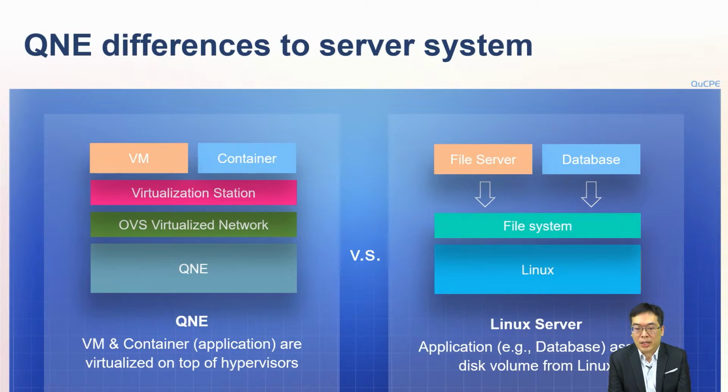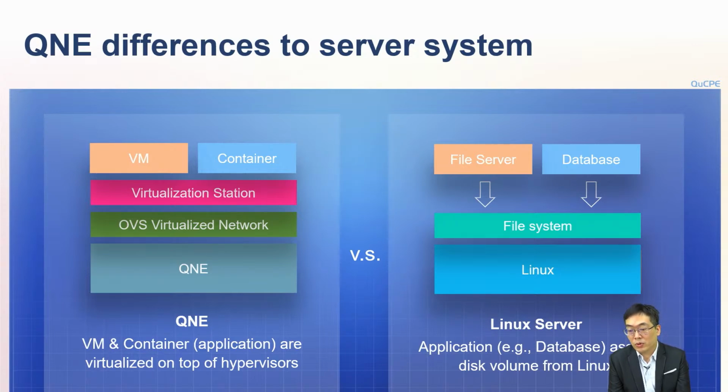As you can see here in QNE, the concept is that we're trying to run all the services, whether from a VM or from a container. It doesn't matter if it's from a third party or from our own QNAP-designed application. We provide a totally separate resource allocation for each individual application.